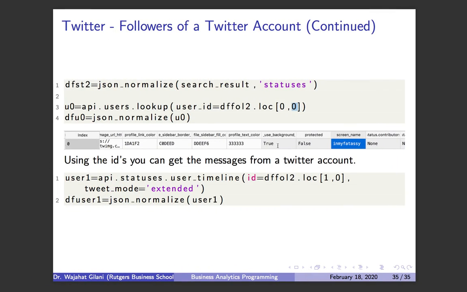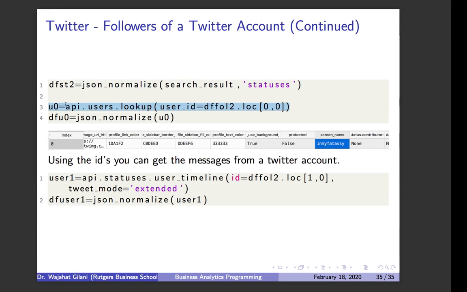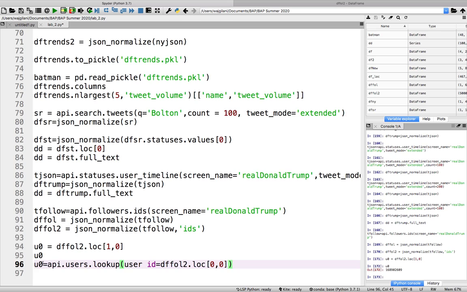I'm going to use this ID now to figure out who that person is. Again, this is why I say make your Twitter account private, right? So I just used the function API users.lookup. I'll call this U0J for JSON object. I will give it the name U0, because that's what I got from line 94, the actual user ID.